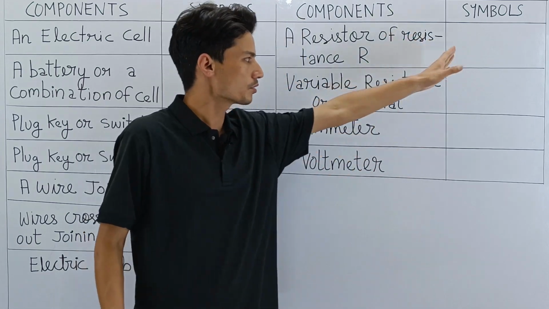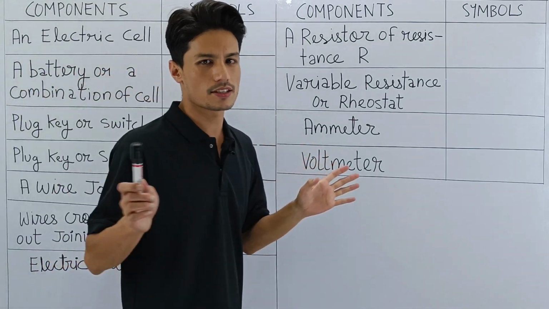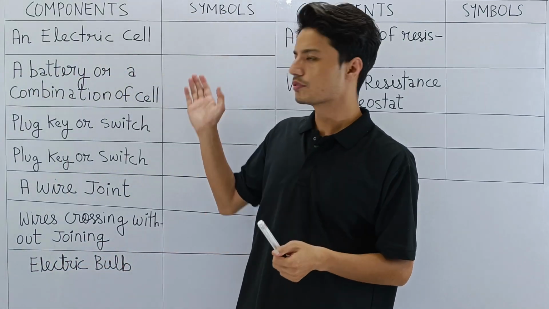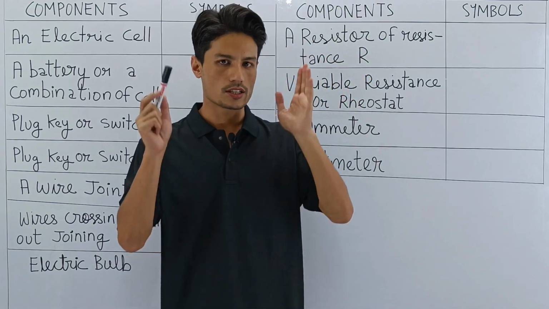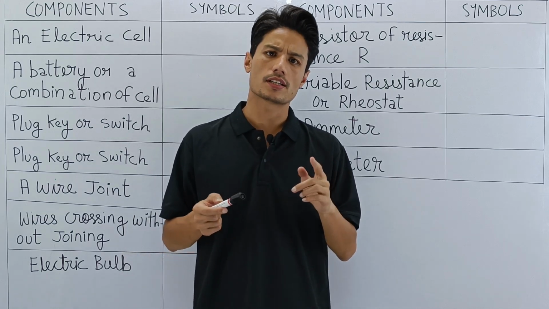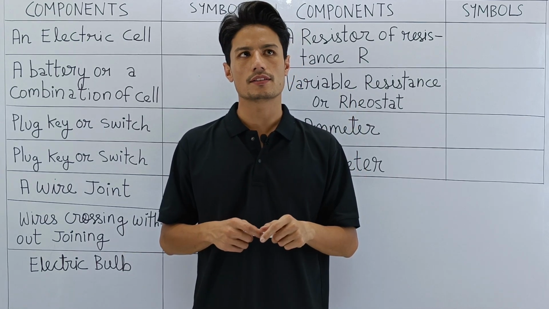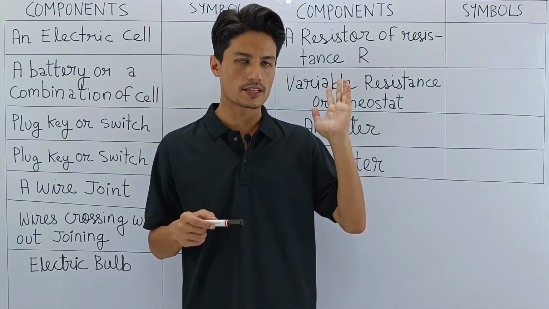So the knowledge of this is very important. You need to know this, and it's very easy. After that we'll go to Ohm's law and end the video from there.